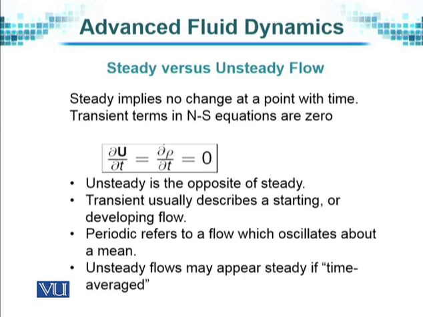So when we consider steady flows, it implies that there will be no change at a point with time, whereas the transient terms, which I will explain in a minute, in the Navier-Stokes equations are 0. So what is the implication? If the flow is not changing with time, then those things that are changeable with time, for example the velocity vector or its component in x, y, z direction or whichever coordinates we are considering, will be 0.